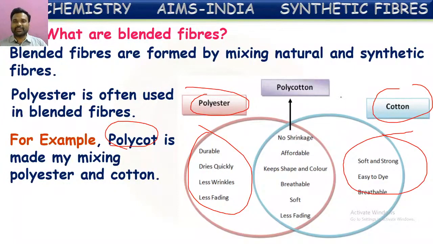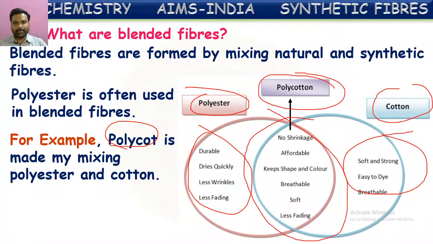So when these two are mixed, we get a blended fiber which we call polycot, and it has all these properties combined from polyester and cotton. In this way, when fibers are mixed, the resultant is called blended fiber. Polycot is a mixture of polyester and cotton.